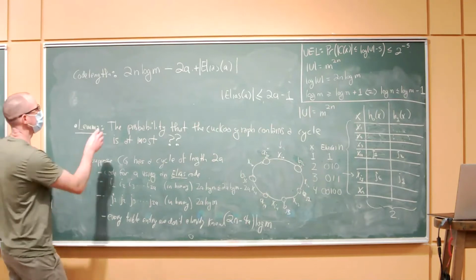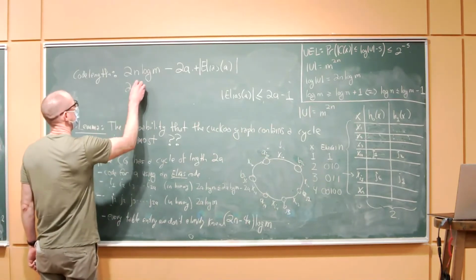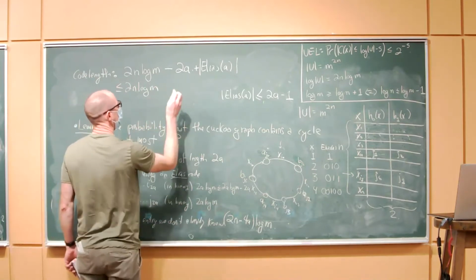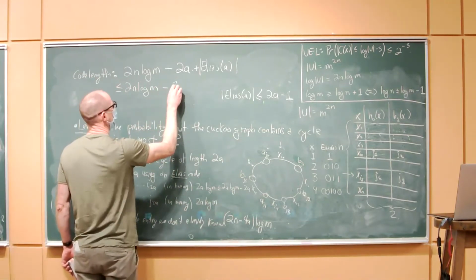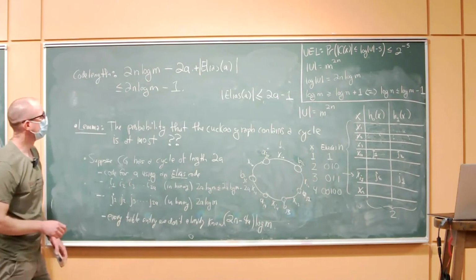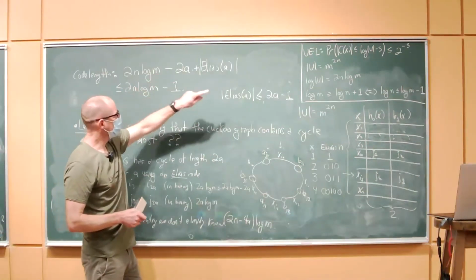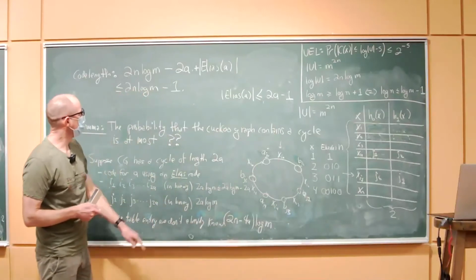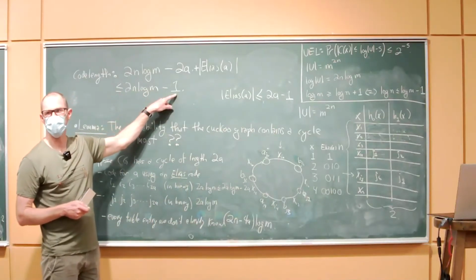So that means that this thing is 2n log m minus 1, right? We have a minus 2a. We have this thing, which is not more than 2a minus 1. So we're left with a minus 1.